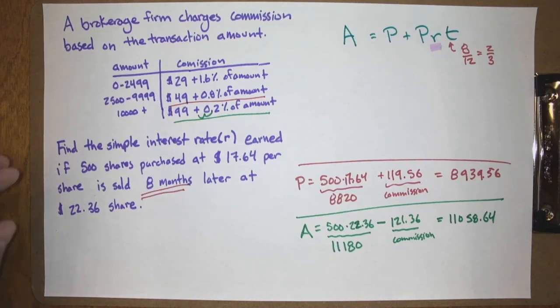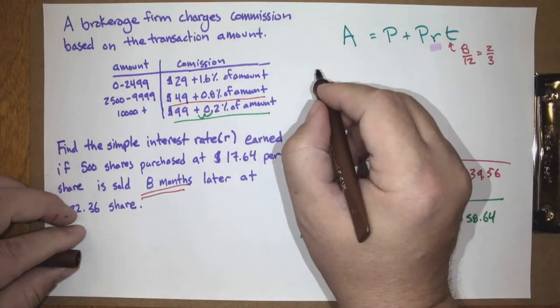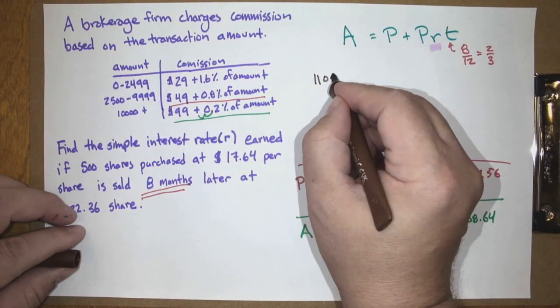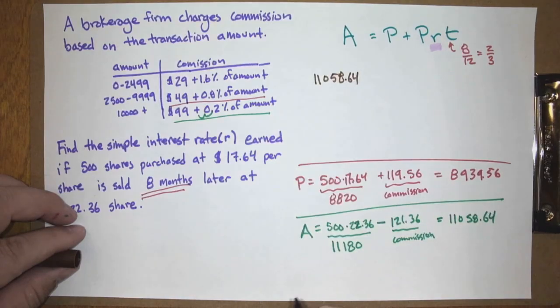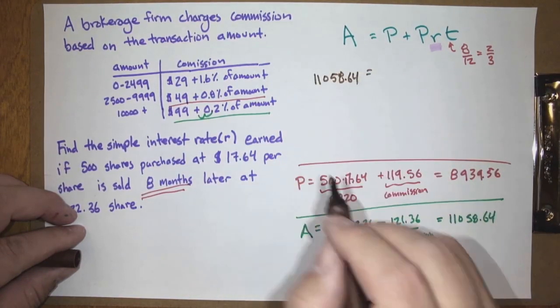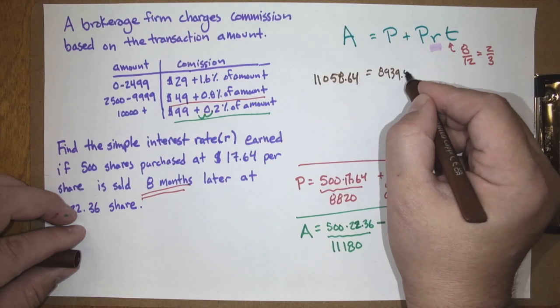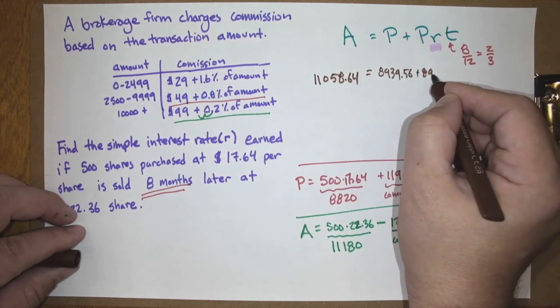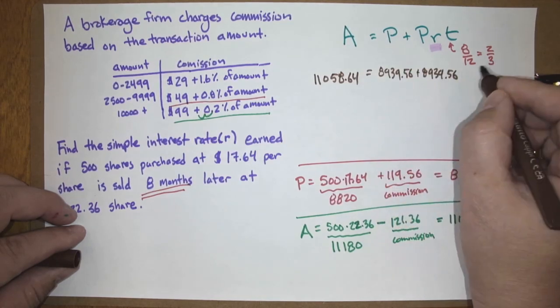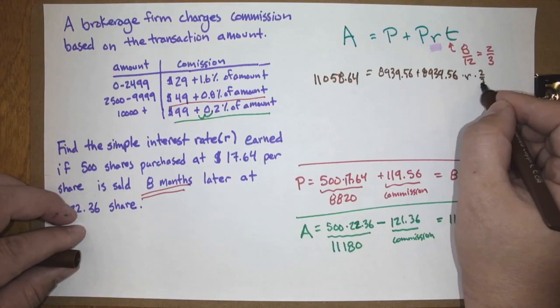Okay, so we have our pieces. We're ready to go. So we'll just go through this. 11,058.64 is equal to 8939.56 plus 8939.56 times R times 2/3.